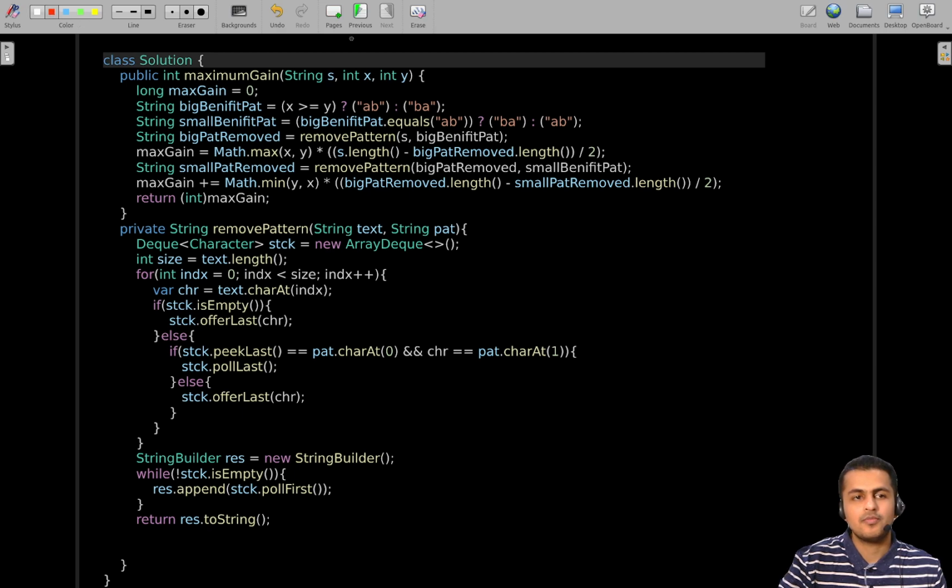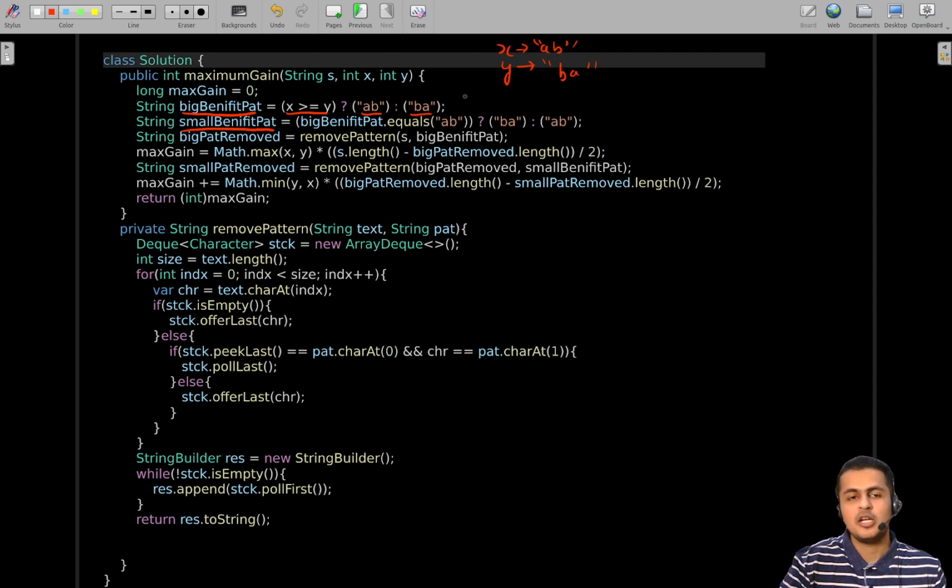So let's begin. First of all, we should determine which substring is giving us more benefit and which is giving us less benefit. As we know, x was paired to "ab" and y points were paired to substring "ba". If x is greater than or equal to y, then the more beneficial pattern will be "ab", else it will be "ba".